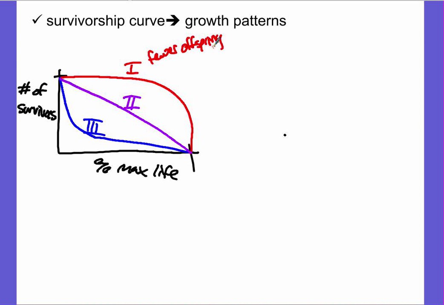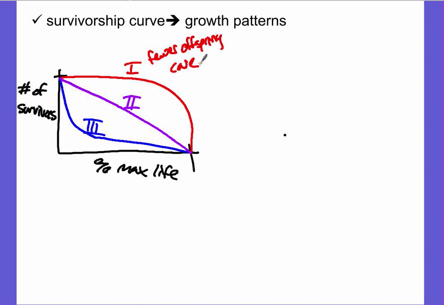But because they have fewer offspring, they tend to care for those offspring to make sure that they survive. So it's not a coincidence that these organisms are living closer and closer to that maximum lifespan. They're being cared for, right? In these species, right, they care for their offspring. They ensure that they reach that older age.